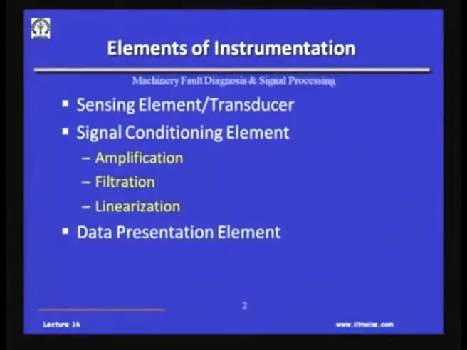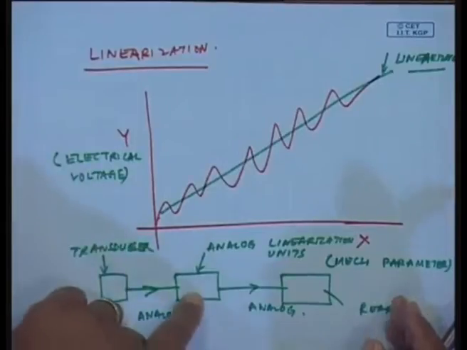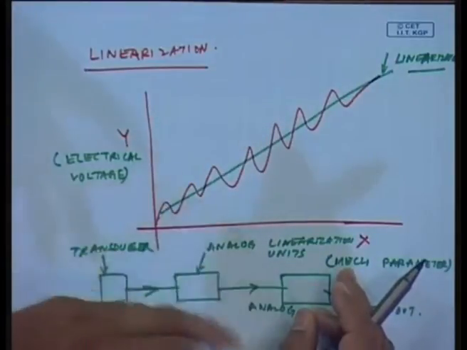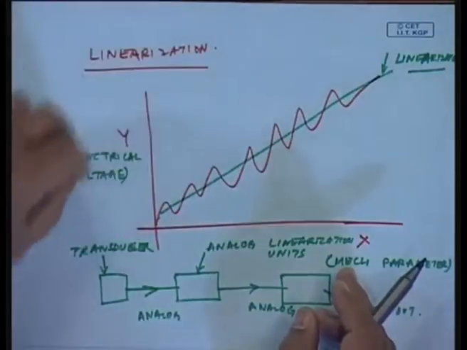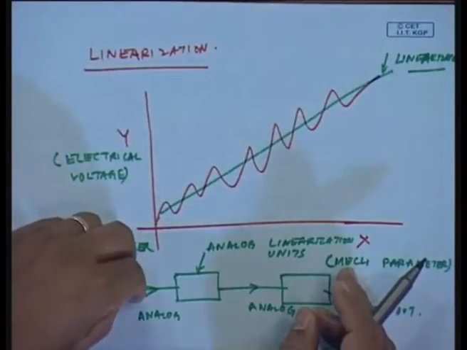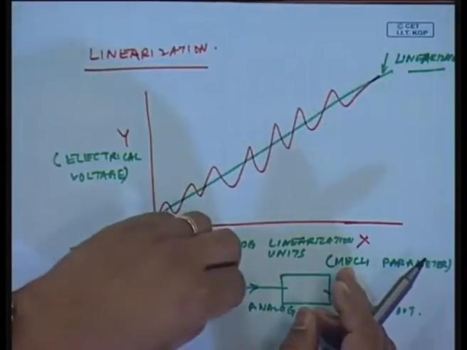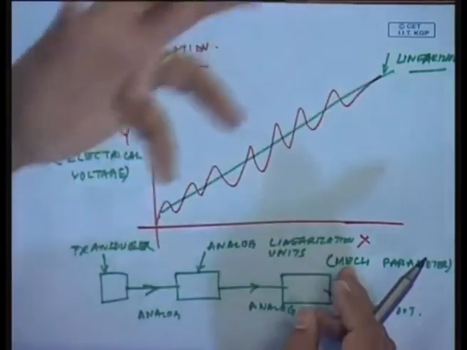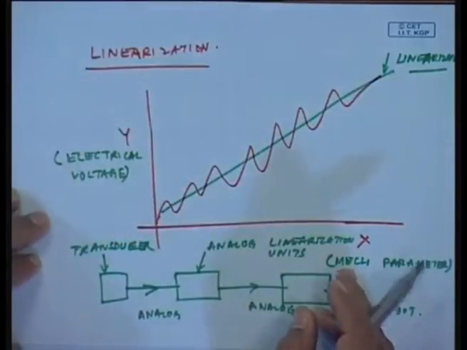How were people getting linear output out of sensing elements? They had to have some electronic hardware to do that. Okay, but gone are those days. Nowadays, I will just get the signal from a transducer by having a proper data acquisition, take it into the computer, put a software, and get the linear output. Okay.